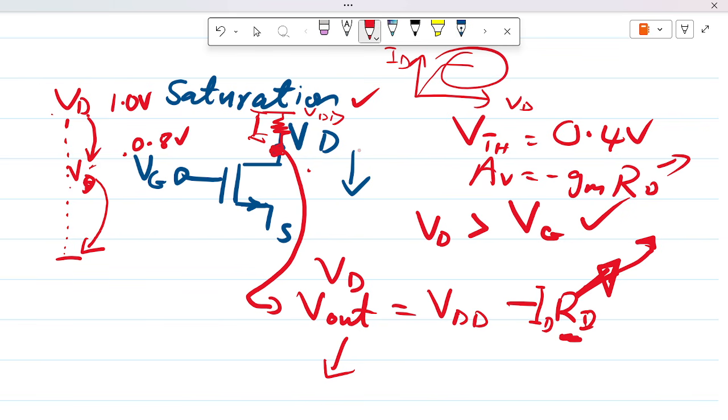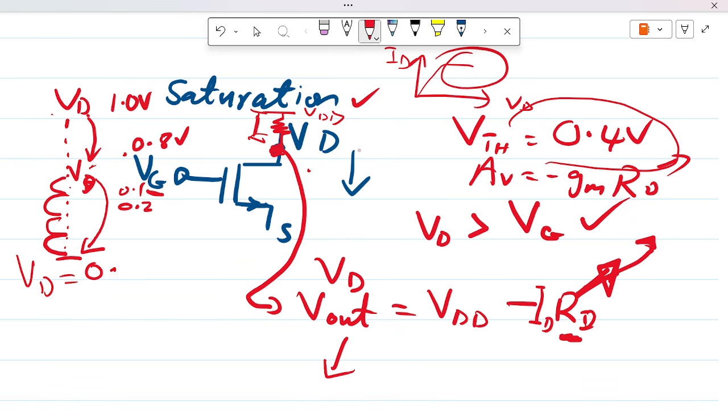So if the VTH is 0.8, then VD could be 0.7. So it's less by 0.1. That is fine. It could be 0.6, which means it's less than VG by 0.2. So now VD is 0.6 and VG is 0.8.